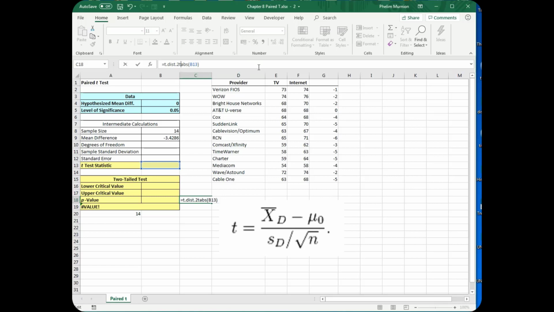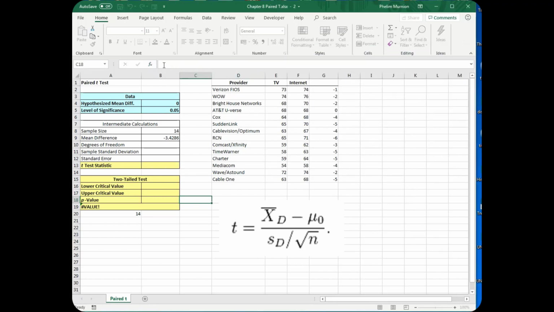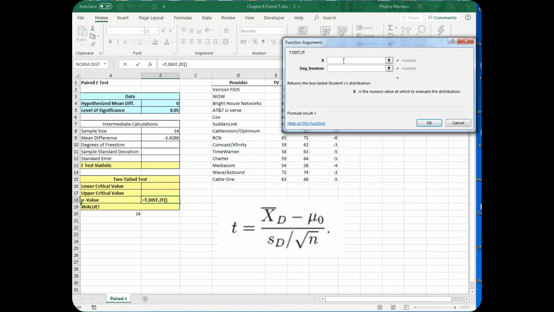So two-tailed, and I'm going to make that a bit tidier. So you can see the example there, and it comes up. So there it is.